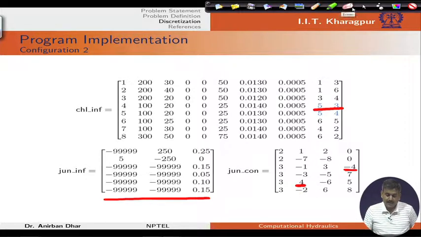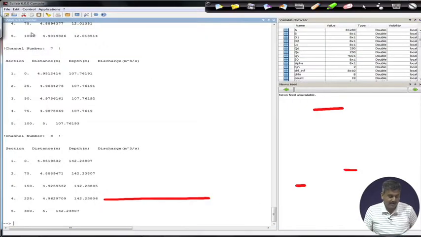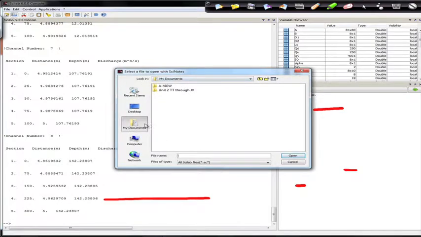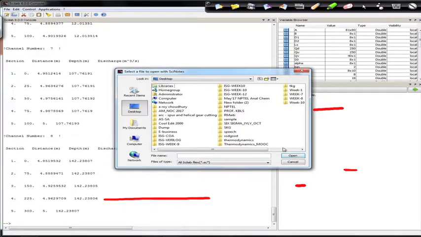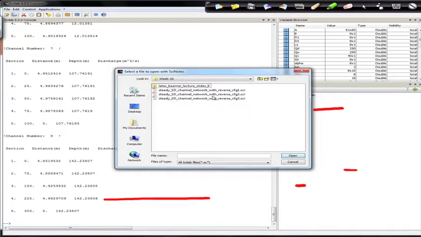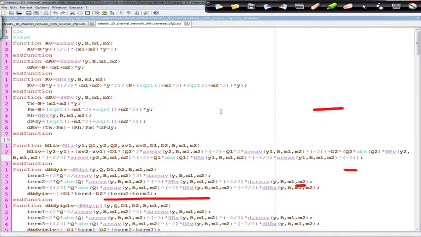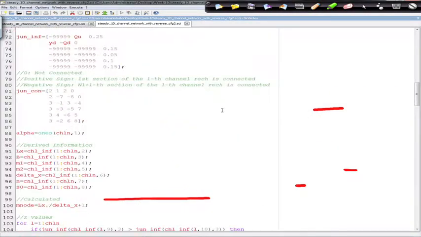Now, if I implement this same thing here, let us see what will be the problem in this case.